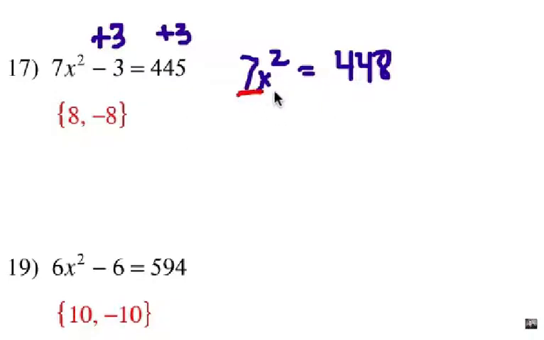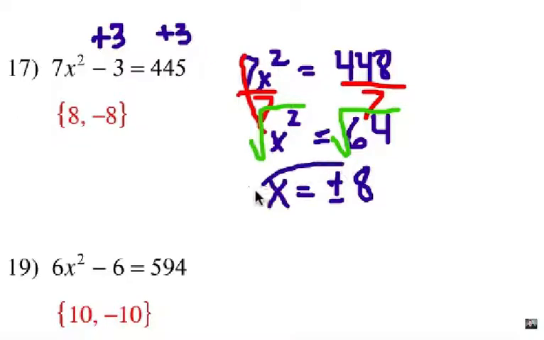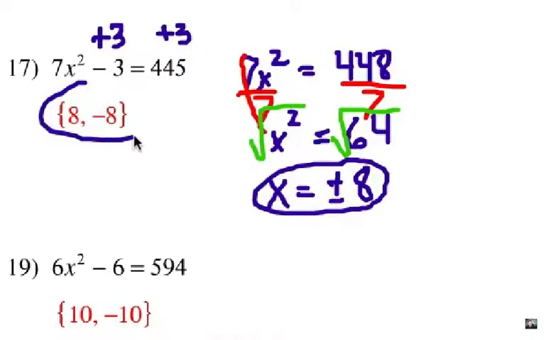We're going to divide each side by 7, which gives us x squared equals 64. Now we're going to take the square root of each side. So x equals positive or negative 8. Now it can be written in this form, or it could be written in set notation like you see here. Okay, positive and negative 8.